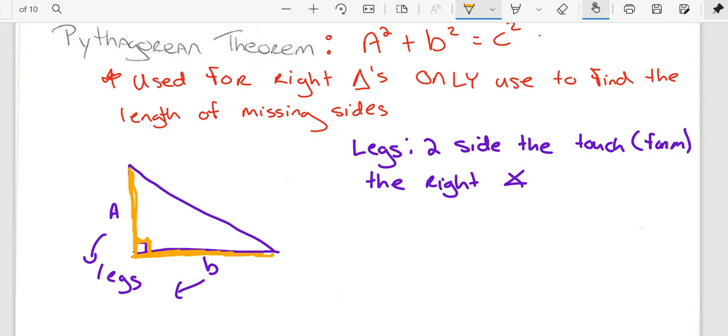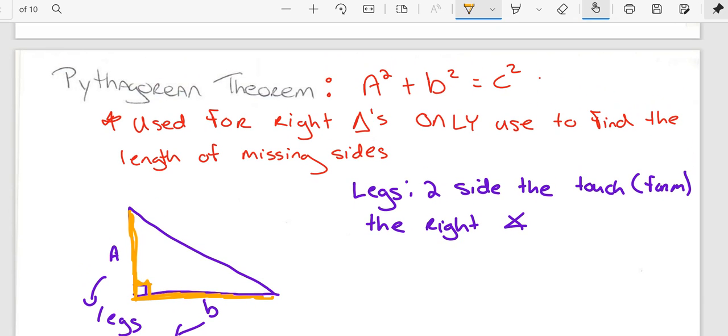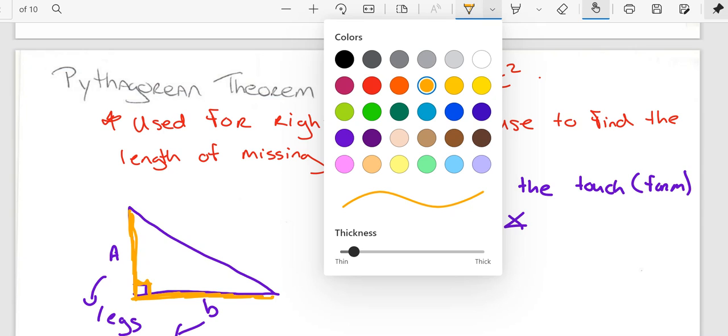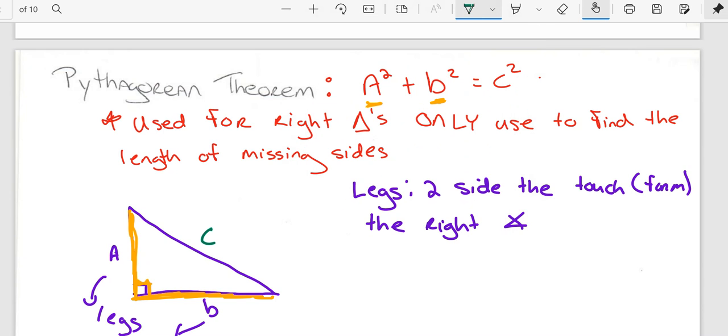Now, in the formula, it's not like it's just in some random alphabetical order. It's important that your A and your B are on the same side. The legs must be on the same side. And then the other side, which is referred to as C, is going to be our hypotenuse.